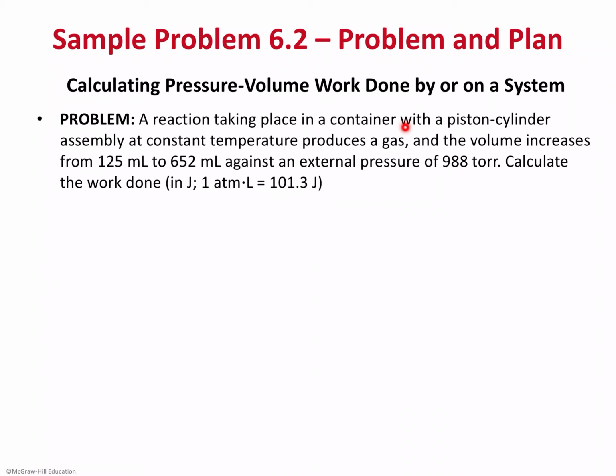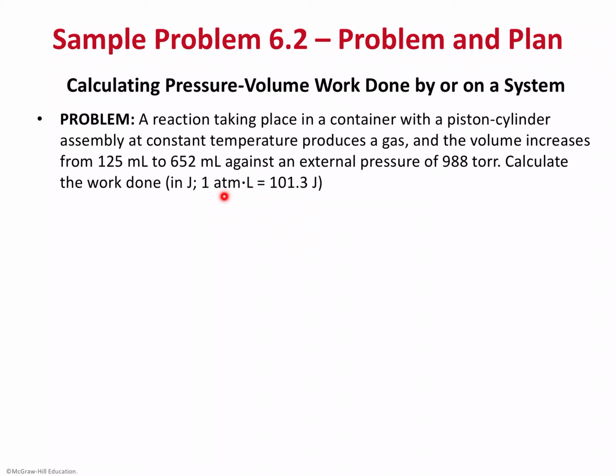It produces a gas at the same temperature, and the volume increases from 125 milliliters to 652 milliliters. So we are given the initial volume and the final volume, and we can find delta V, against an external pressure of 988 torr. Calculate the work done in joules.